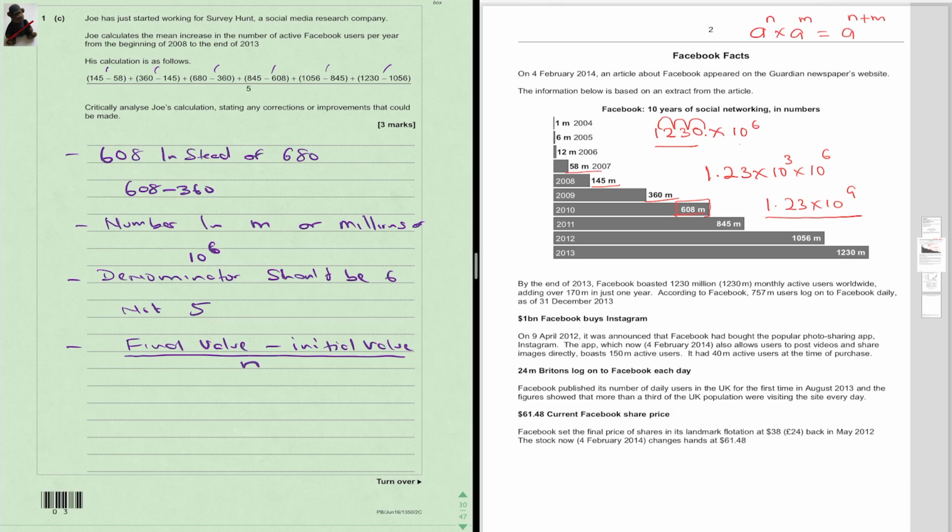So in this case it would be, or it could have been 1230 minus 58 divided by n, which is 6. So that's what he should have done.